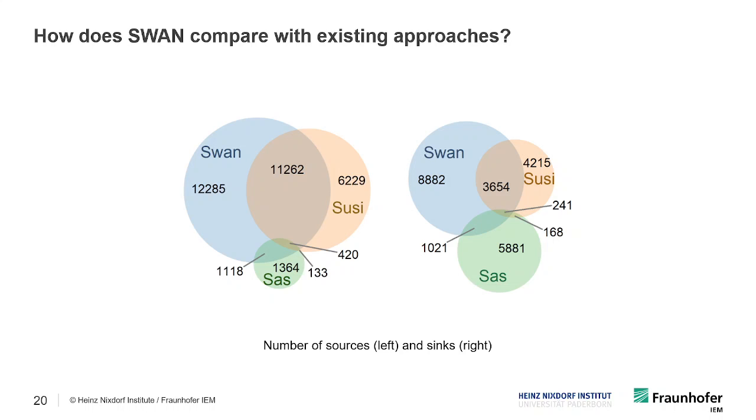So you could expect that the types of sources and sinks modeled in SWAN will be much broader, because we want to target many different security vulnerabilities.